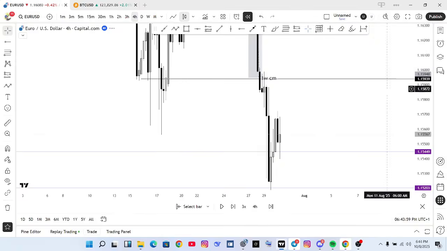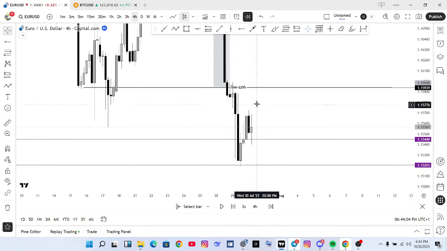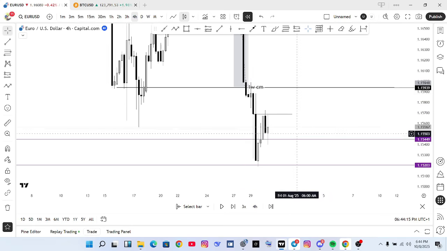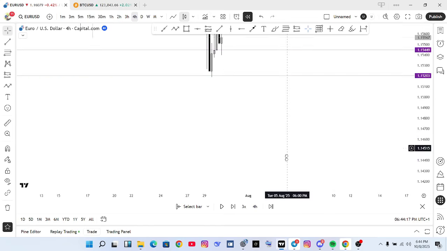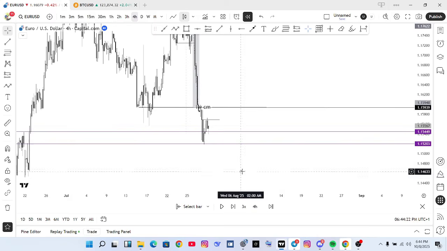So I just want to see price reject from somewhere and what? Break. This is 4 hour time frame. We have this OCL here. Remember, this is just a continuation of this sell. I hope you guys remember this line that I drew here.